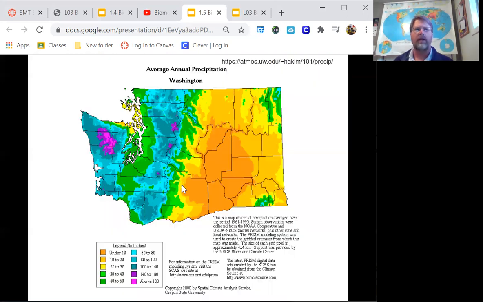So now if we look at the map of Washington State, we see this pink and purple zone right in the heart of the Olympic Peninsula, and that is where those rainforests exist. What we see, dark purple is 140 inches plus of rain, and the bright purple is above 180 inches of rain.